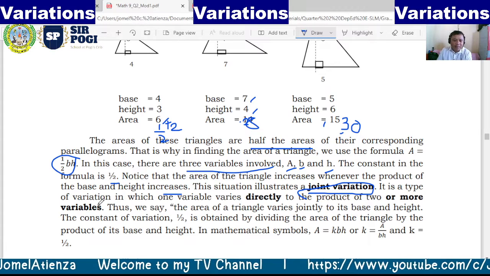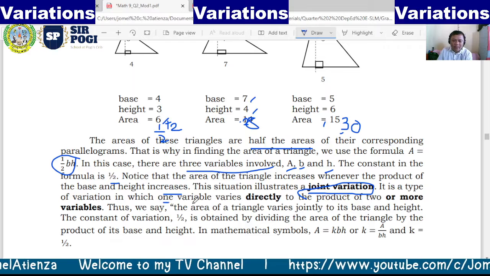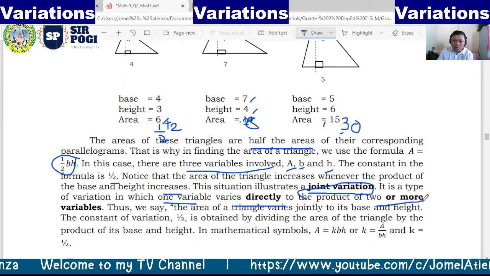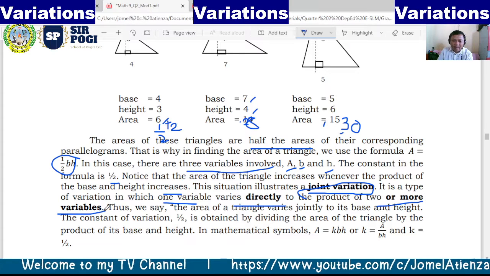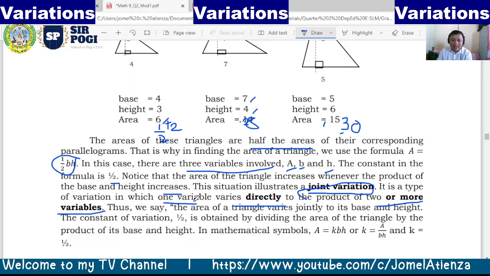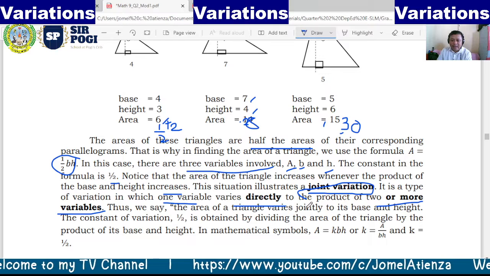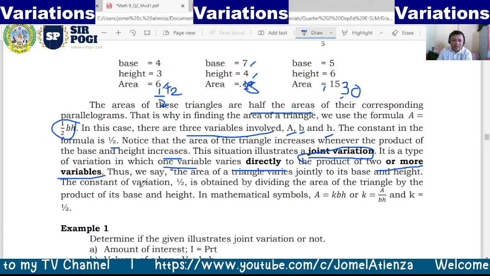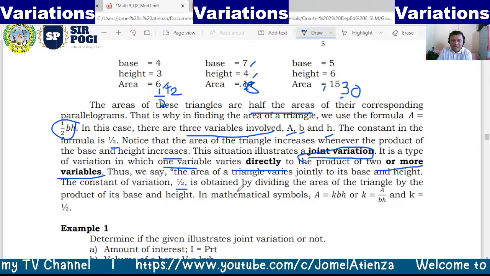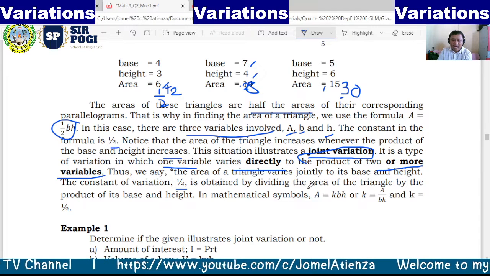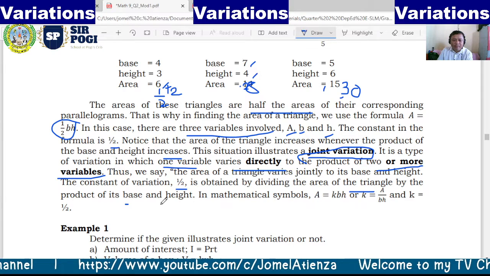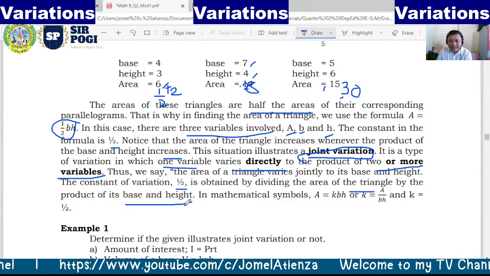It is a type of variation in which one variable varies directly to the product of 2 or more variables. Thus, we say that the area of a triangle varies jointly to its base and height, and the constant of variation 1 half is obtained by dividing the area of the triangle by the product of its base and height.